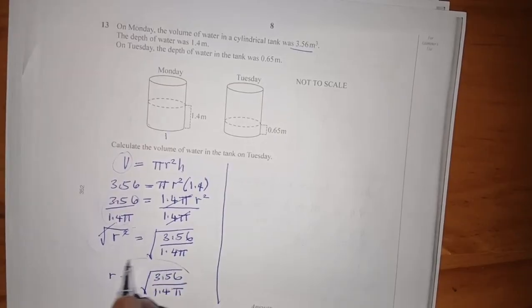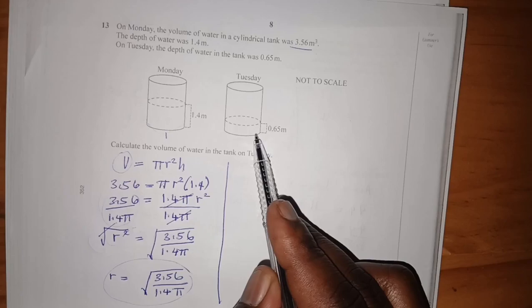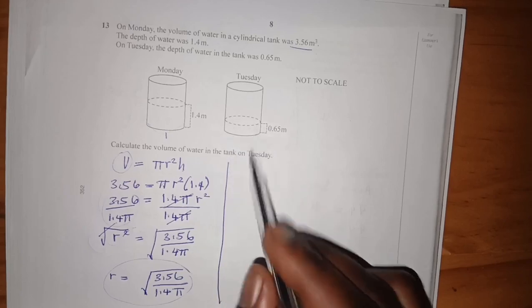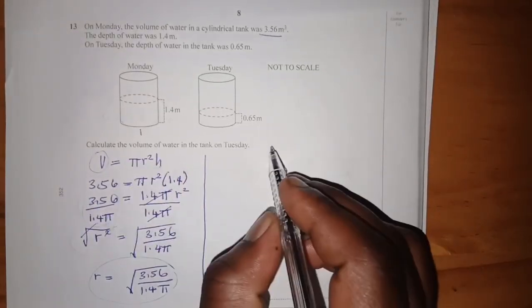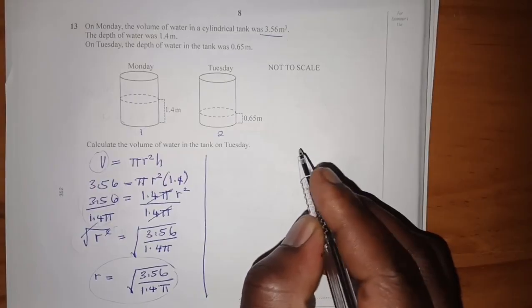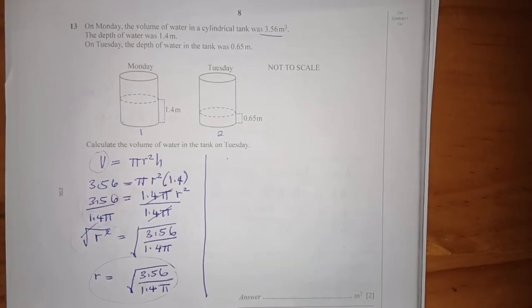So we are going to use this radius to find the volume of the water on Tuesday. Mind you, this was Monday, now Tuesday. That is 2. Still, volume of a cylinder. What you should notice is that a cylinder is actually a prism.